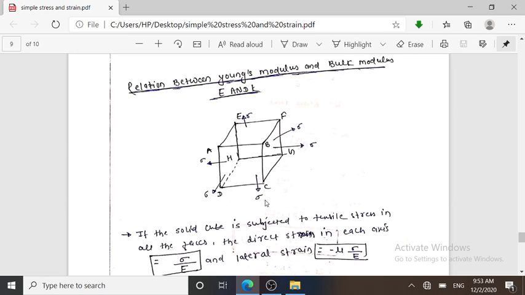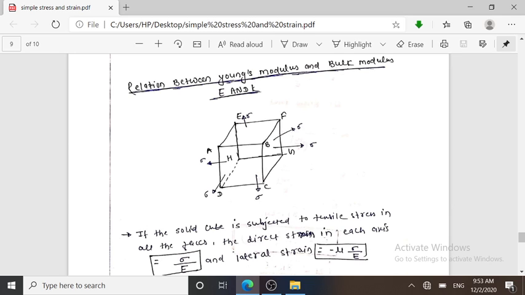B, C, G, F is an x-axis plane in which sigma is acting perpendicularly in the x-axis. Similarly, A, D, H, E is also subjected to x-axis normal stress, which is perpendicular to A, D, E, H.